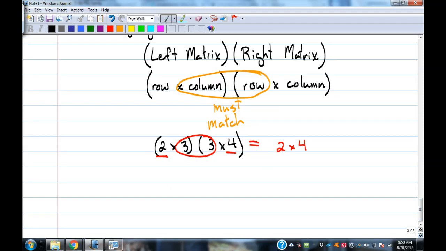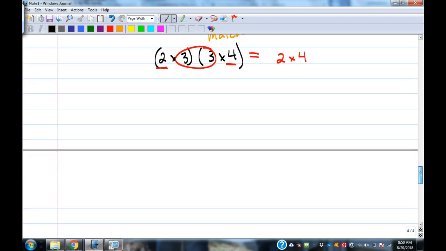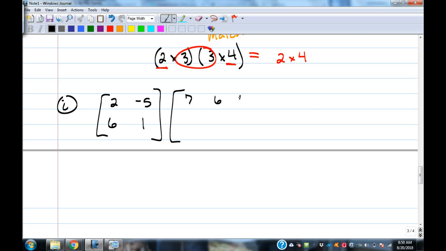Let's get an example. The left matrix is 2, -5, 6, 1. The right matrix is 7, 6, 4, -5, 3, 1. All right.